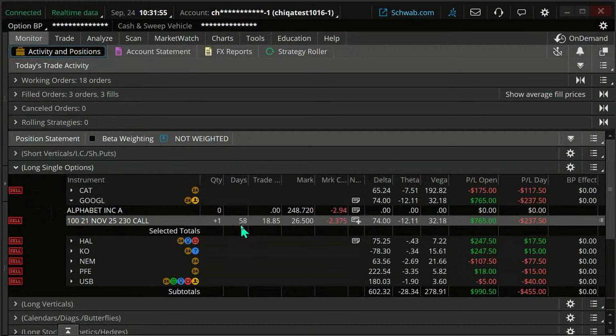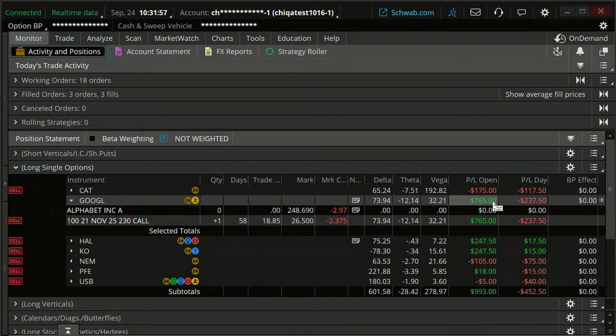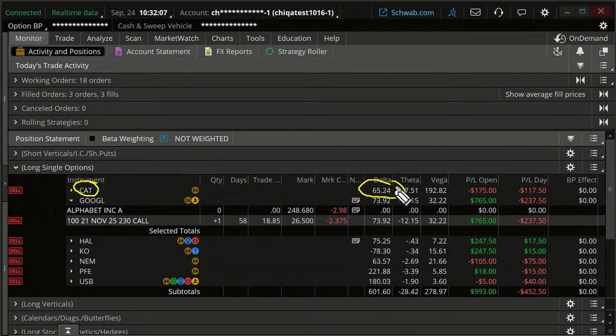Okay, Alphabet. 58 days to go. Things are going pretty well. By the way, one of the reasons we rolled this Caterpillar, other than to bring in the credit, was to lower that delta. That delta was like 87, 88 yesterday. This is around 73, 74 delta on Alphabet.